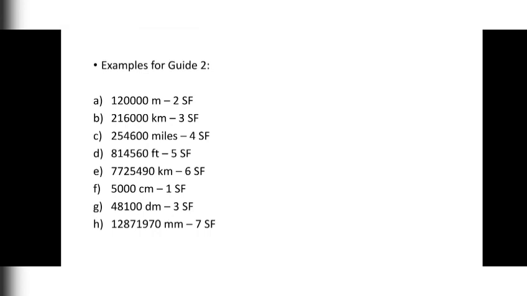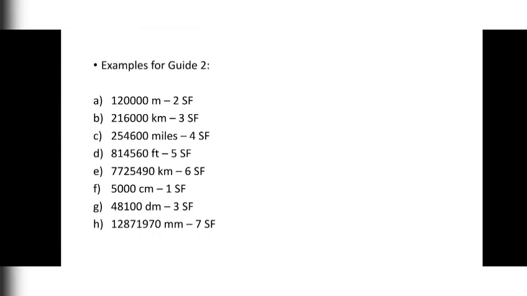For letter B, we have 216,000, which ends at 6 with 3 leftover zeros. So we have only 3 non-zero digits, so it's going to be 3 significant figures. For letter C, we have 254,600 miles.